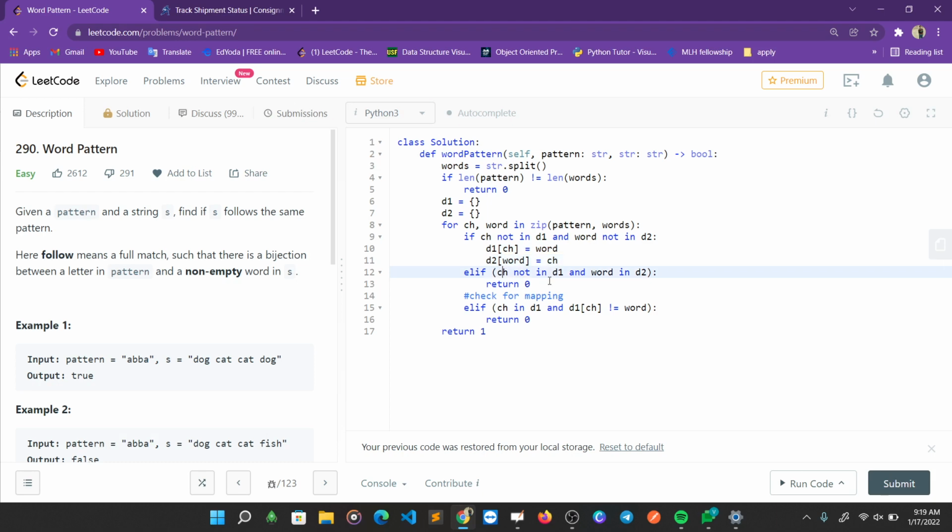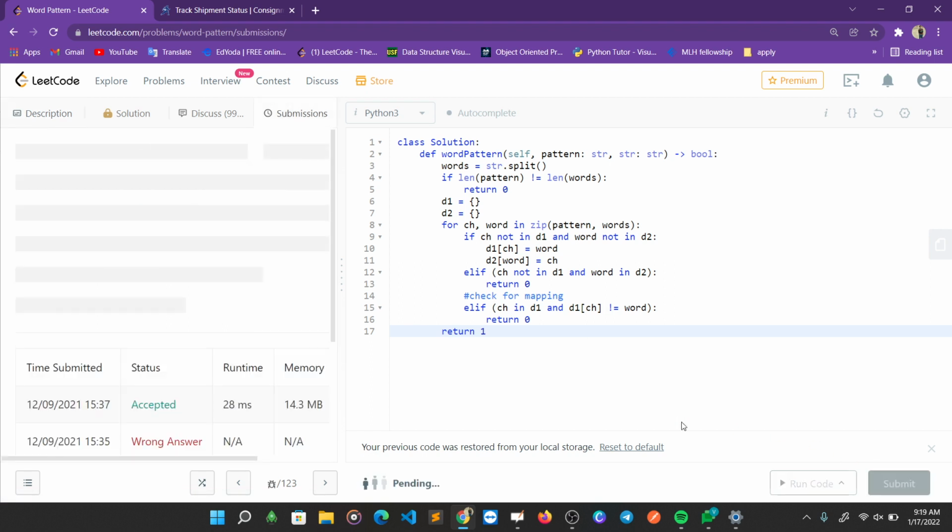If the character is not present but the word is present, this is also false. And if both are present but the mapping is not equal, then we also say false. Otherwise, after iterating through all, we return true. So that is the whole solution for this.